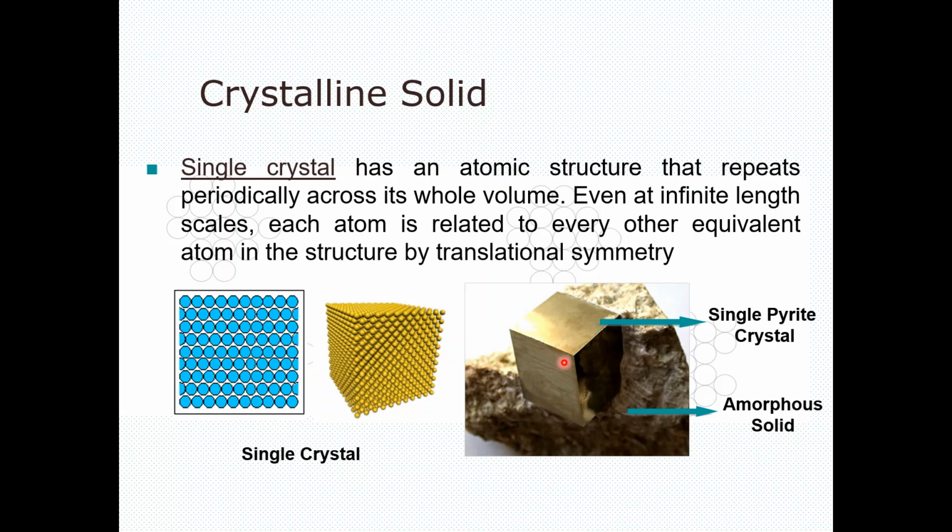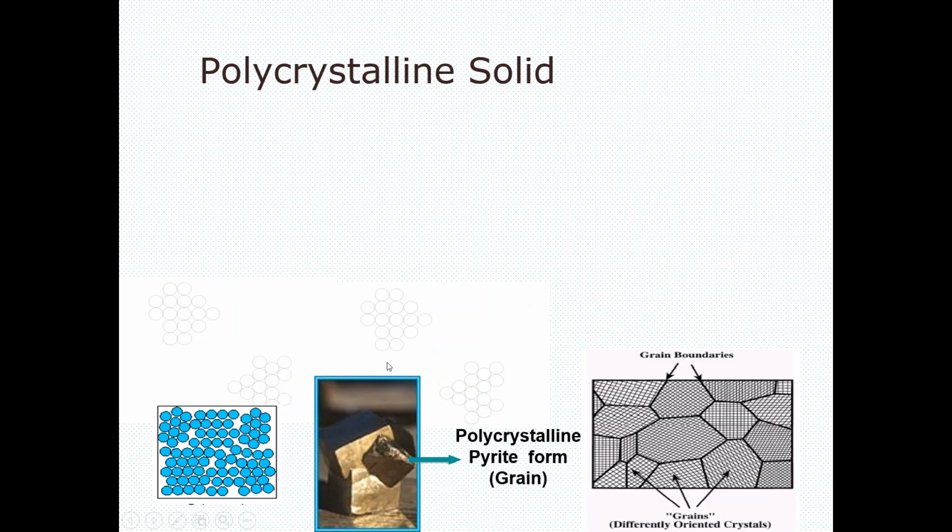It means it has symmetry in all directions. That's why, if you rotate it, all the sides will look the same. That is called symmetry. This is another characteristic that we will discuss later on in the course.